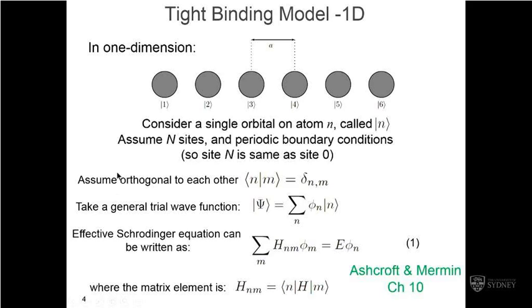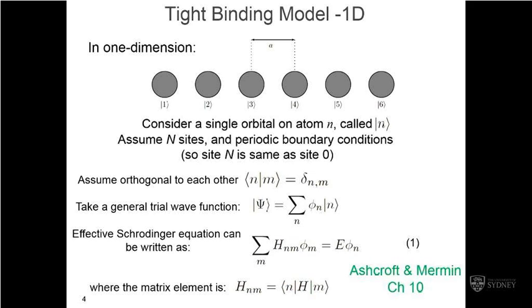We have that those orbitals are orthogonal, as is usually the case, and we are going to take a trial wave function of this form here, where we're going to expand the wave function in terms of a summation of the orbitals of all of those N atoms.